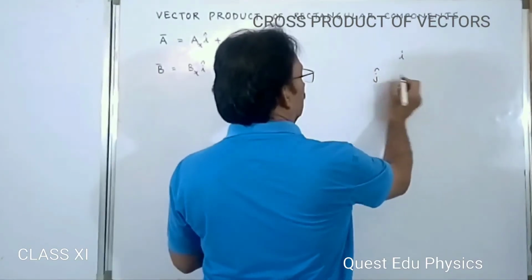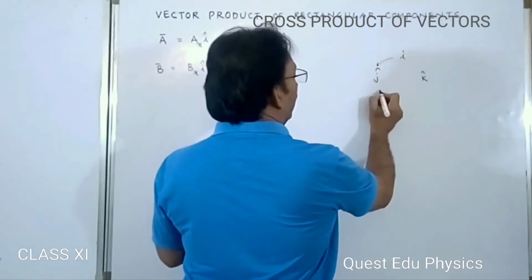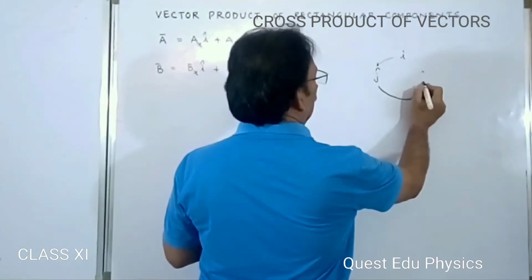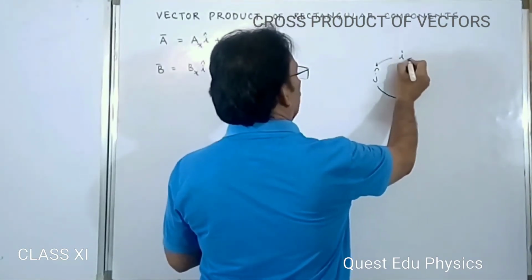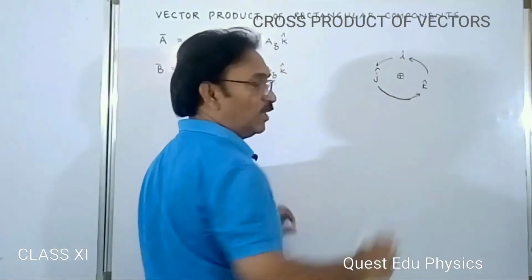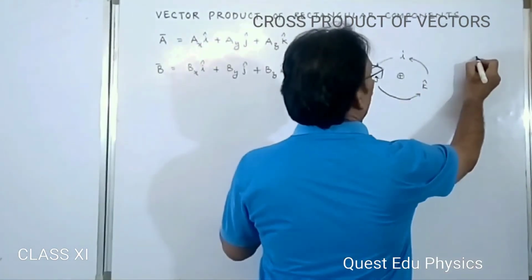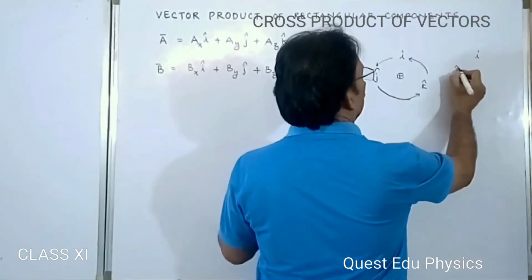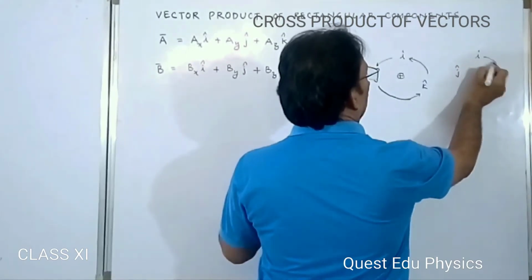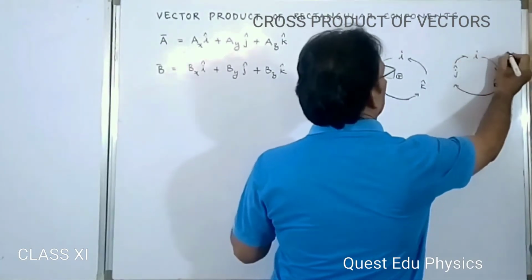i, j and k, we multiplied them in clockwise and also in anti-clockwise. When they are in anti-clockwise, we took the product as positive, and the same thing we applied with i, j, and k, then we went in clockwise.